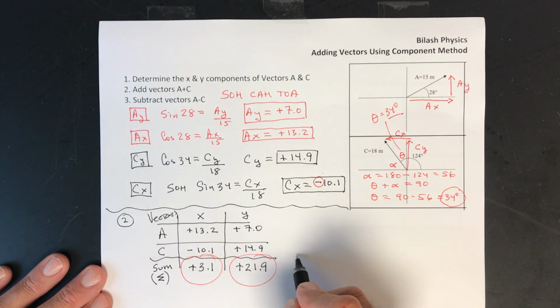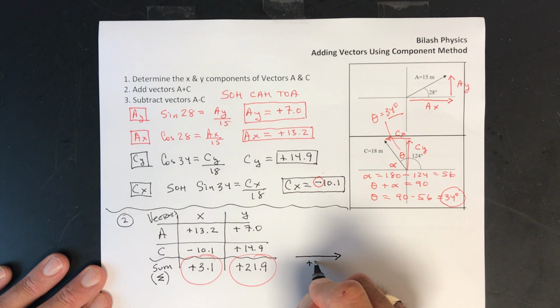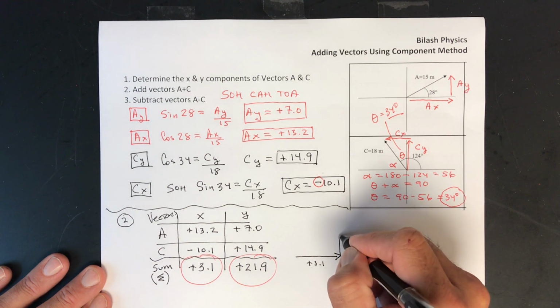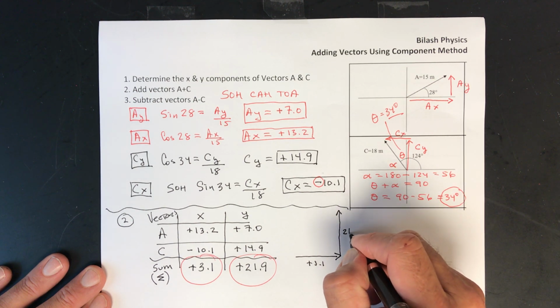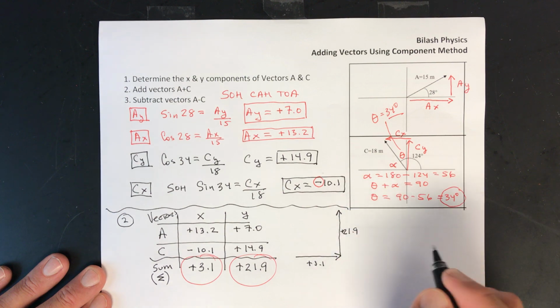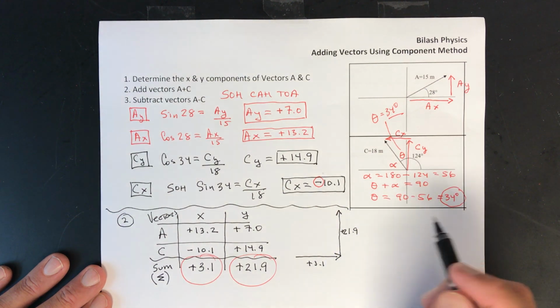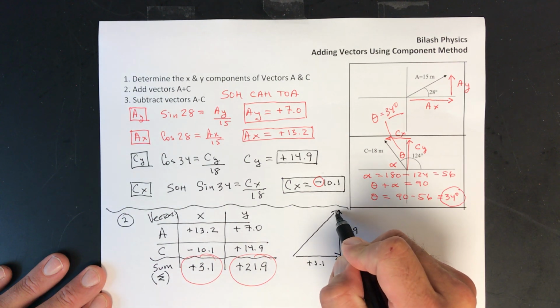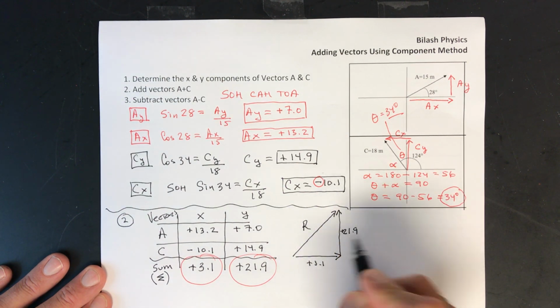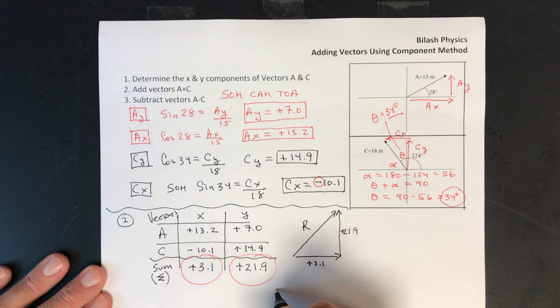So in the x direction, that's 3.1, and in the y direction, this is going to be 21.9 positive. This isn't to scale, but it will give you the idea. And this is the resulting vector. We call that the resultant.